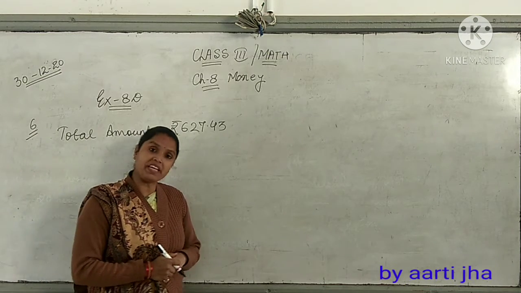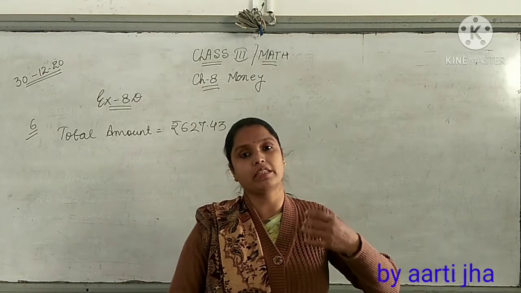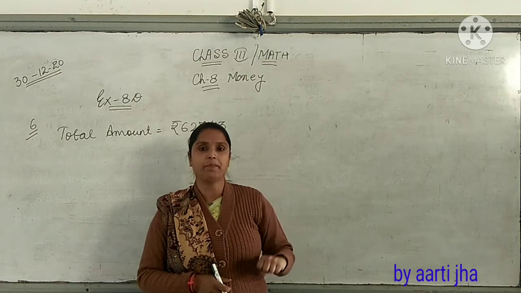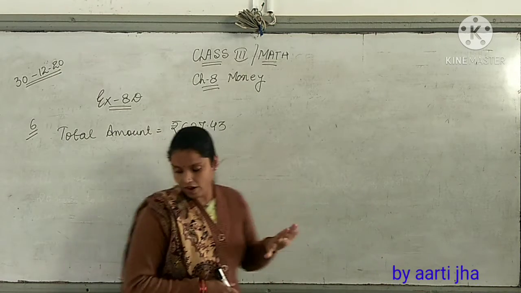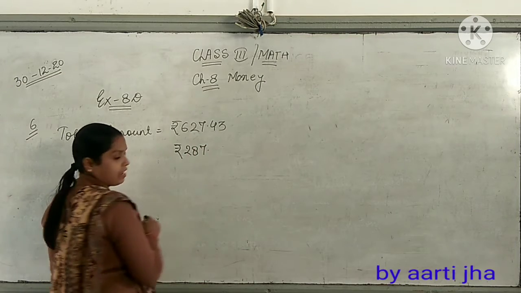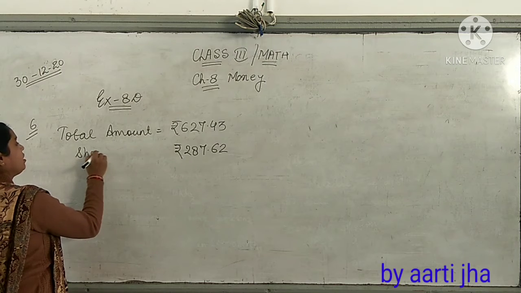She went for shopping and spent there. Spent means that the money she has spent is gone. She has purchased the thing, and for that she gave rupees 287.62 paise. This she spent.